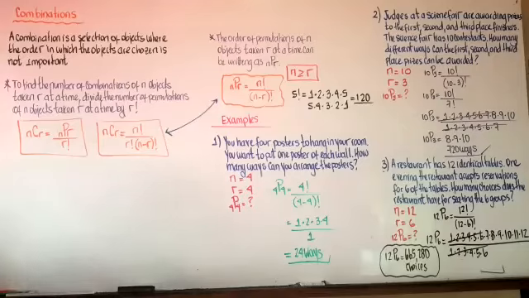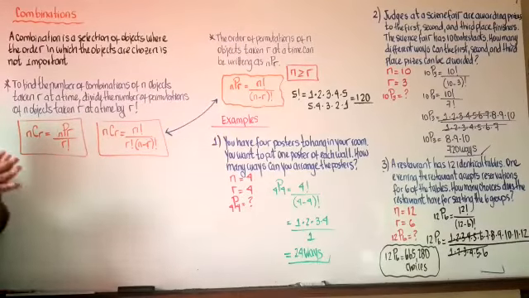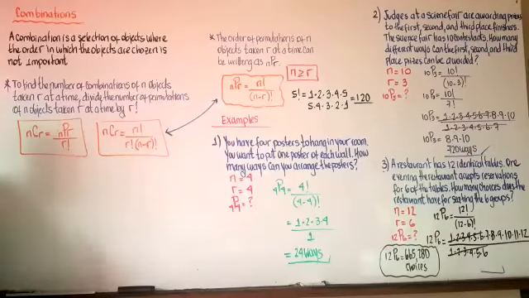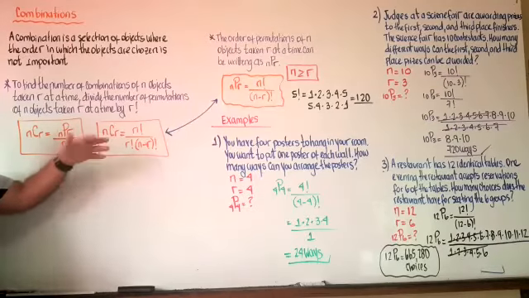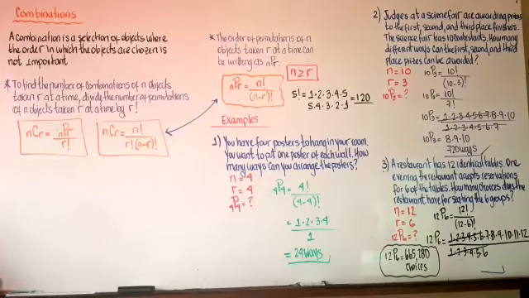Or, if you wish, you can calculate the permutation first and then divide by r factorial. Both are the same, but with the second one we obtain the answer at once.